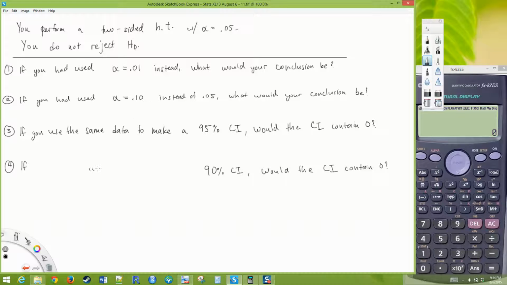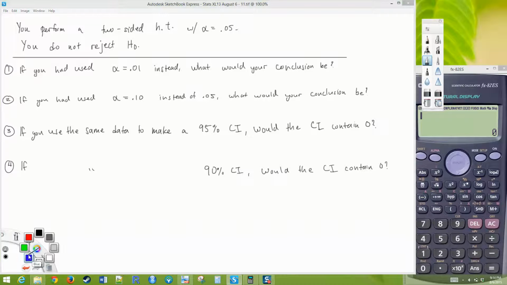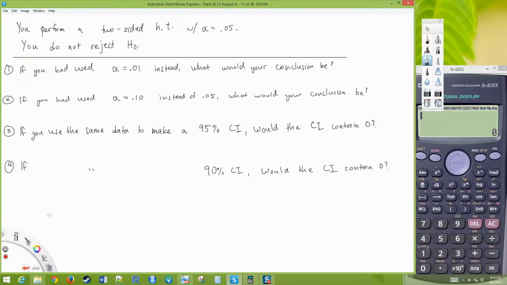Okay, let's take a look. It says you perform a two-sided hypothesis test with alpha equal to 0.05, and we do not reject the null hypothesis. So what do we know about our p-value? We know our p-value is greater than 0.05.